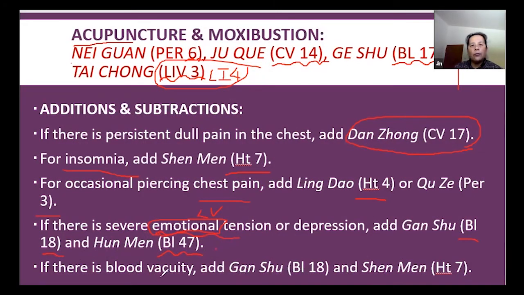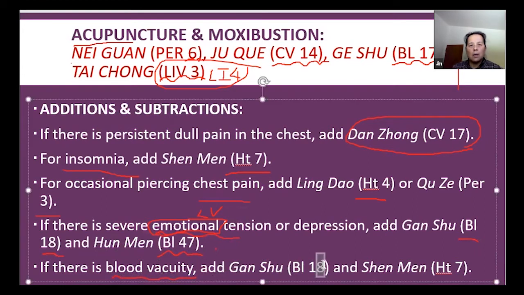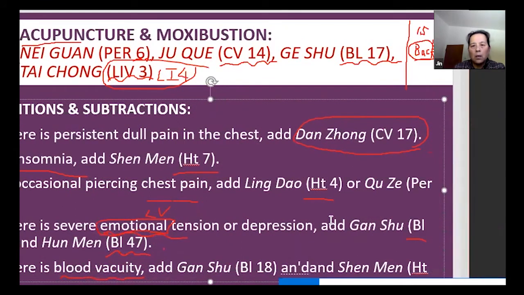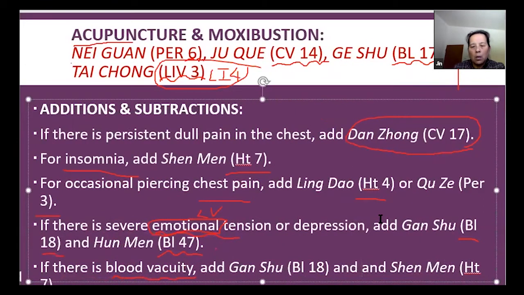And if there is blood deficiency, that should be Bladder 17 here. Diaphragm shu, Bladder 17, and 肝俞 and 膈俞 here.